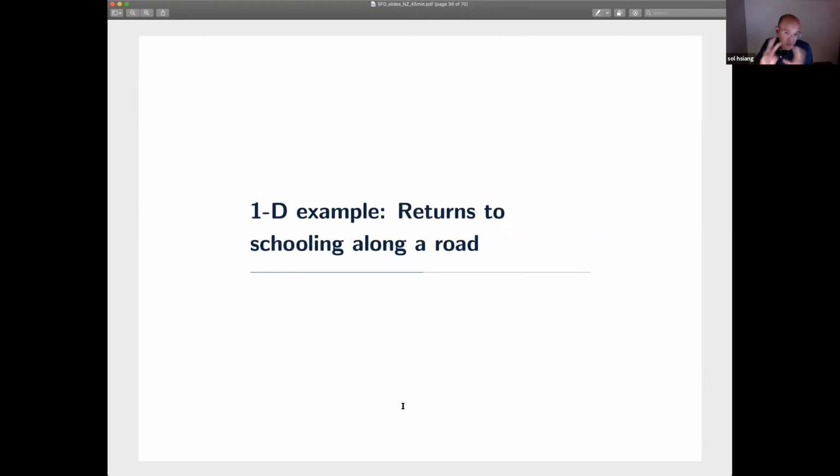and focus on two examples that I think help clarify what's going on, and then we can open up for questions. The first example is to focus on a question that economists have studied for a very long time, so that if we get the right answer, we know that we've gotten the right answer. So we ask, what are the returns to schooling? And can we estimate it by comparing neighbors along a road?